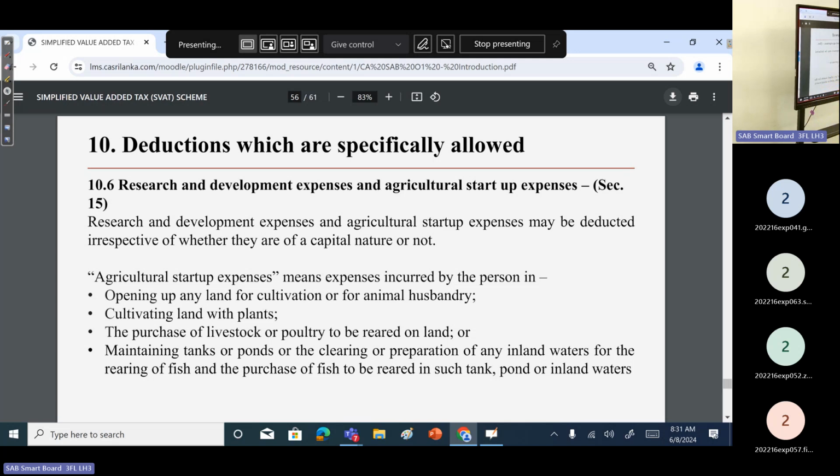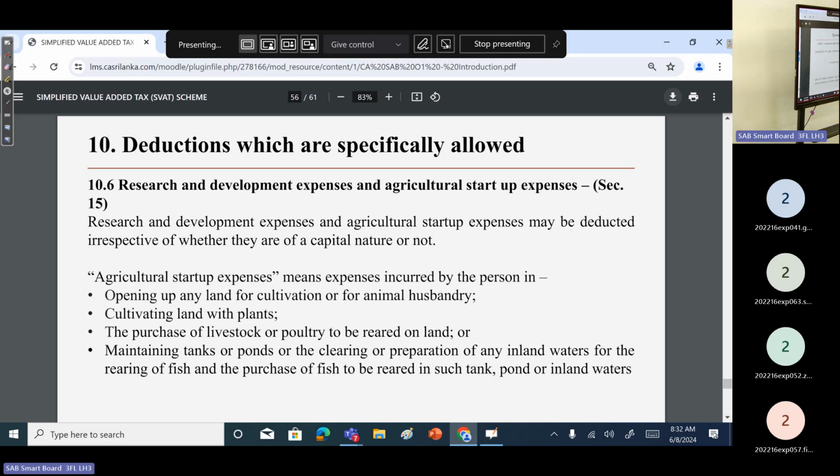Some expenditure incurred in the agricultural industry is capital nature. We have to prepare land, purchase plants, and maintain the area where we cultivate.